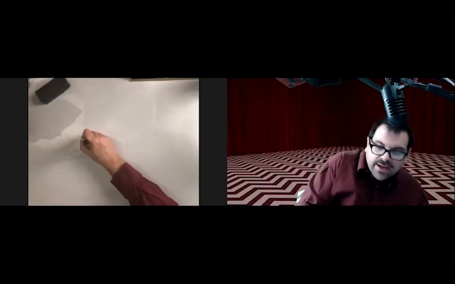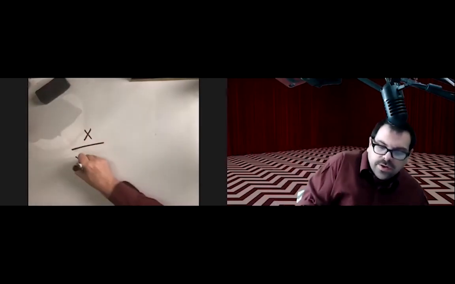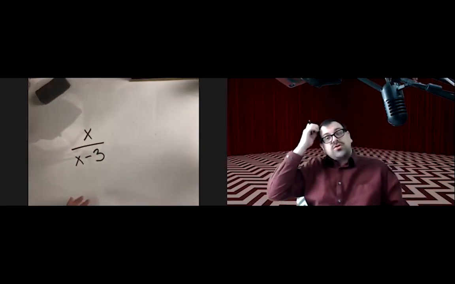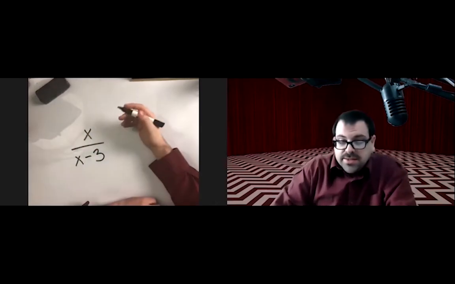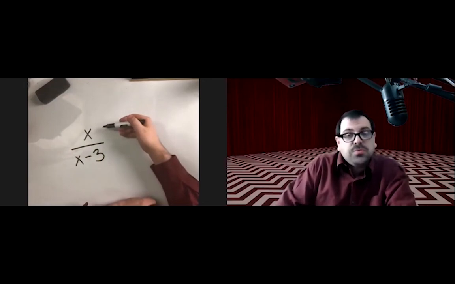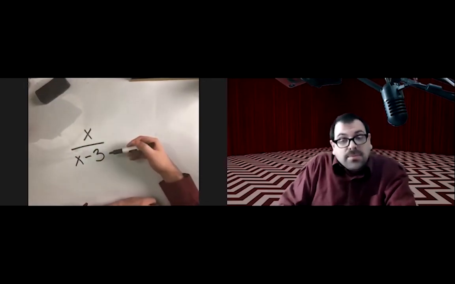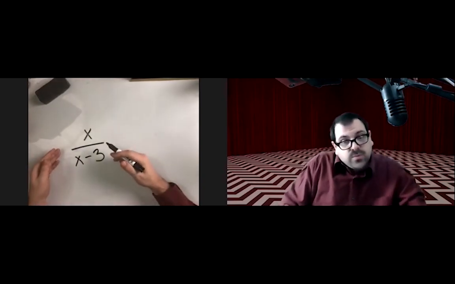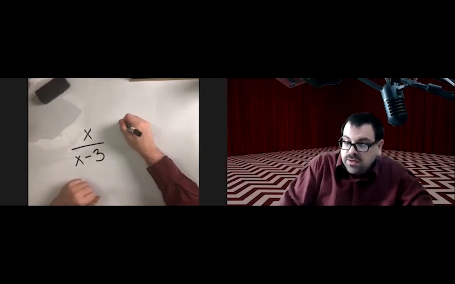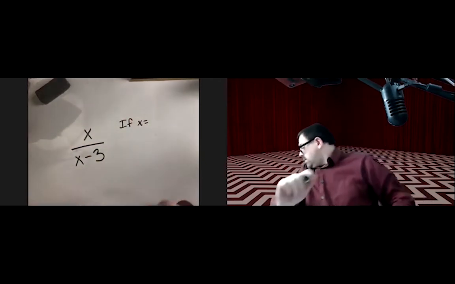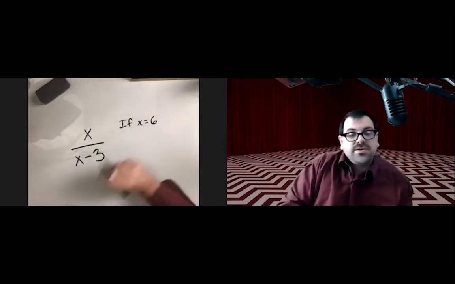Let's take a look at x over x minus 3. This is a rational expression because we see it's written as a fraction. It has a numerator, it has a denominator. What would be the value of this rational expression if x equaled 6?